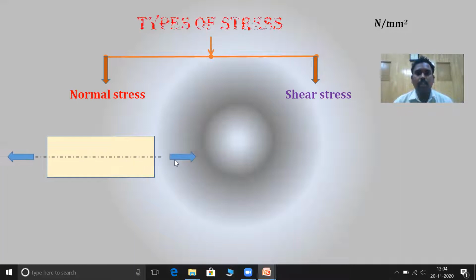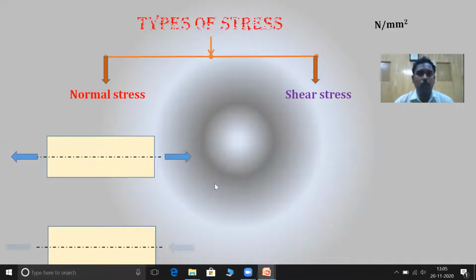So we call it a tensile load. I'll take another example. In this example, let us find the axis and also apply the load. In this case, I am applying the compressive load because the two forces are acting towards the body. So I can call it a compressive load.